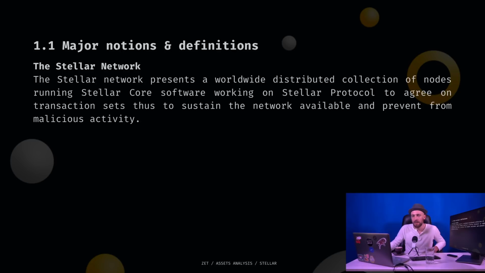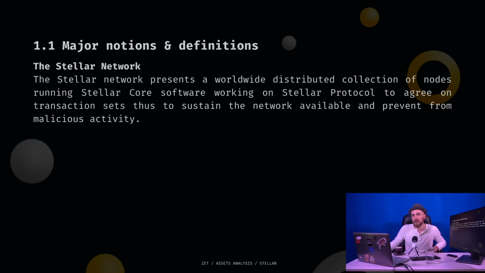Okay, so the first one is the Stellar network. The Stellar network is a worldwide distributed collection of nodes running Stellar core software, working on Stellar protocol to agree on transaction sets, thus to sustain the network availability and prevent malicious activity.